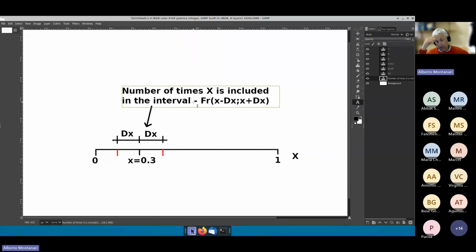This is not difficult. However, if I make this computation, you understand that the result depends on the width of the interval. If the interval is larger, if I increase dx, I get more outcomes included in the interval. This is not possible. The probability cannot depend on an arbitrary choice of the interval.